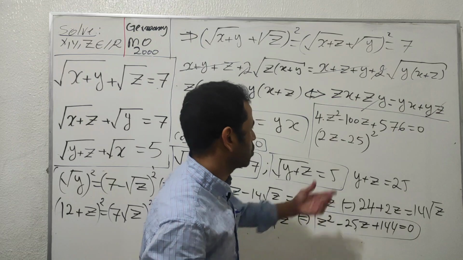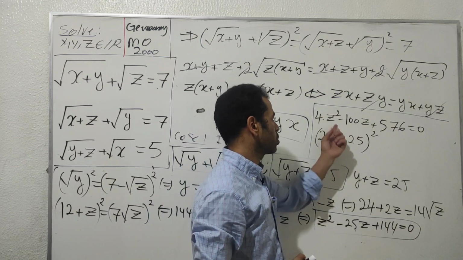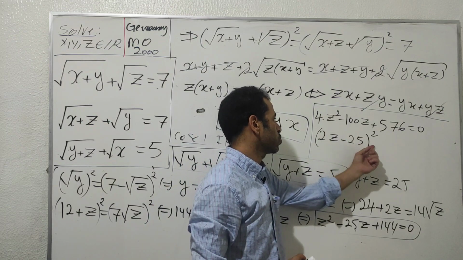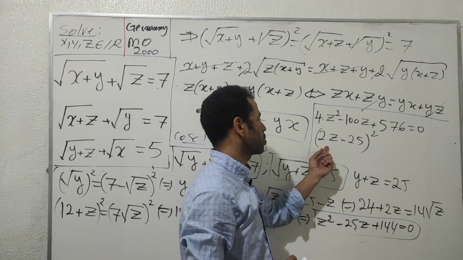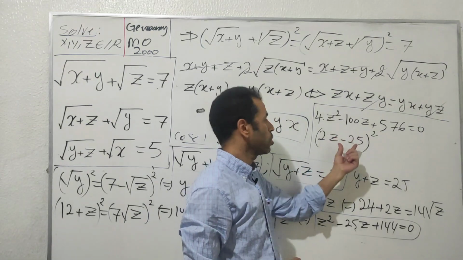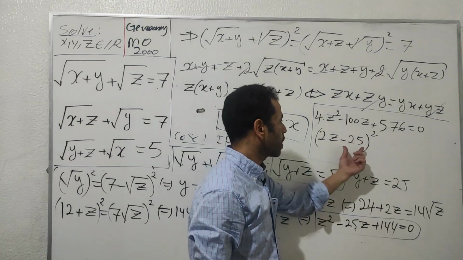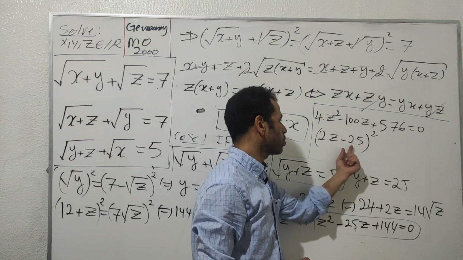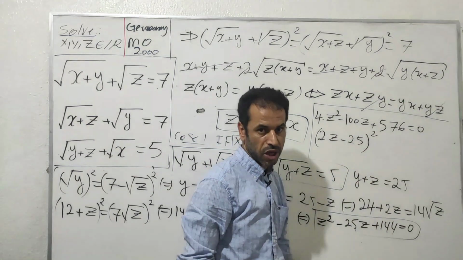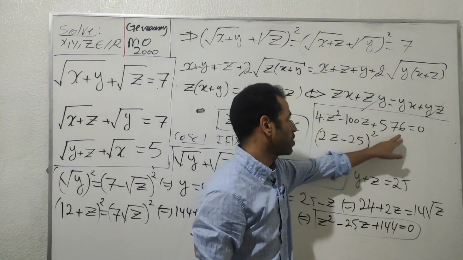If I distribute this, it gives us 4z squared, minus 100z, which is good to go, plus the last term, which is 25 squared, which is 625, but we have 576.